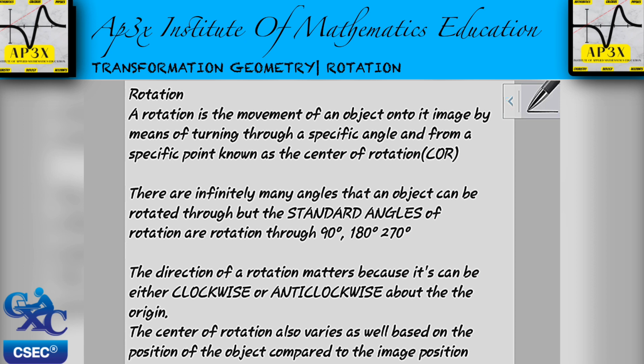So when it comes to the description of a rotation, for CSEC primarily, when they ask you to describe the transformation, and we've evaluated that it is in fact a rotation, you have to describe not only the angle that it's been rotated through, but you must also make note of the point from which it's rotated, and the direction of the rotation. So those 3 things are what we're going to be discussing in part 1.